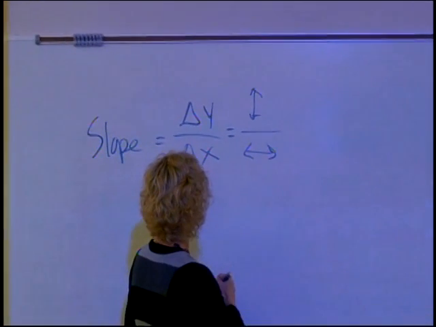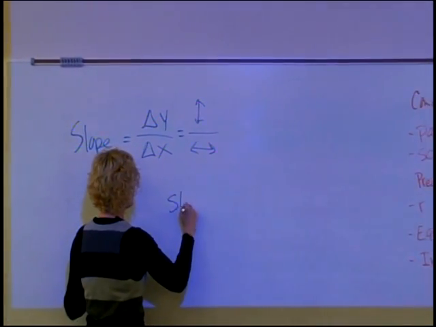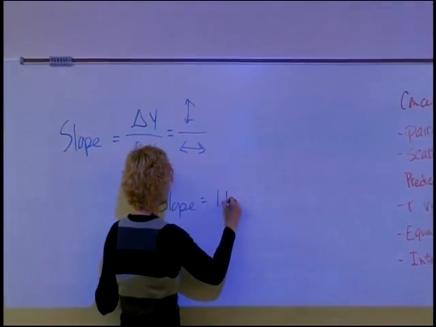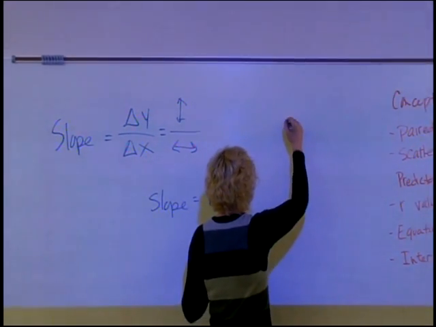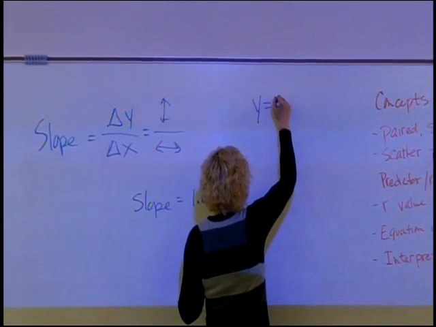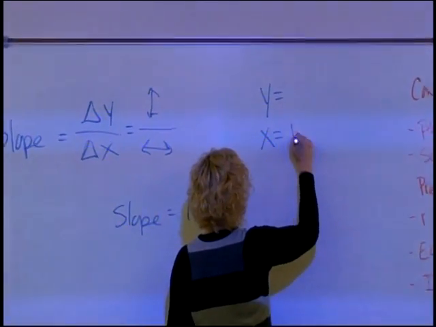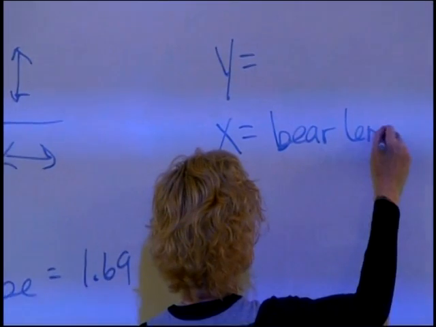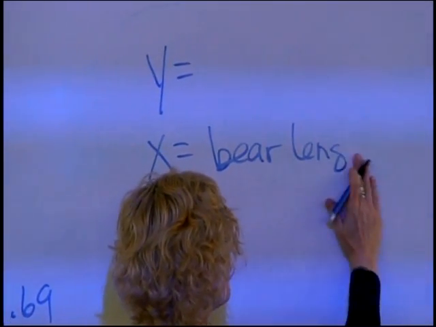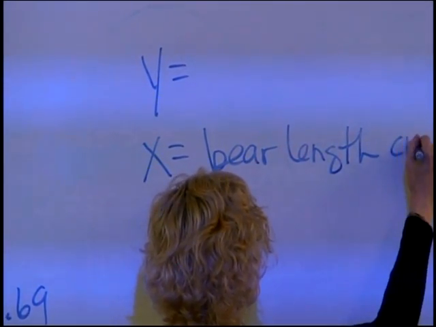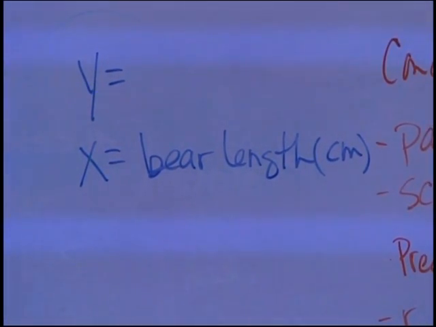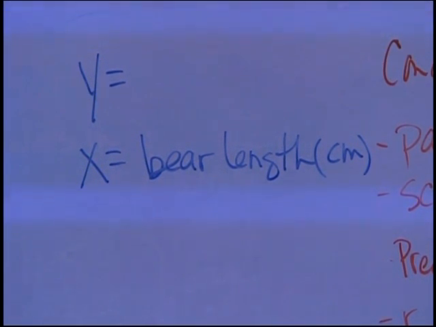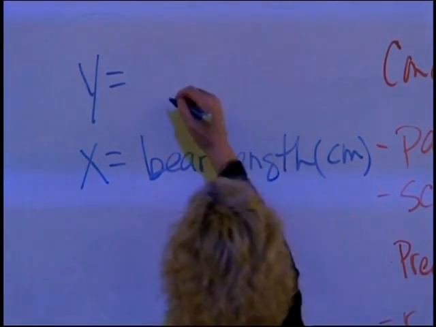1.69. Thank you. So if our slope here is 1.69, and our units were, let's see, x was bear length in centimeters, is that right? Yeah. And y is bear weight in kilograms.